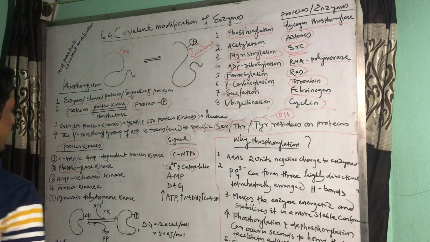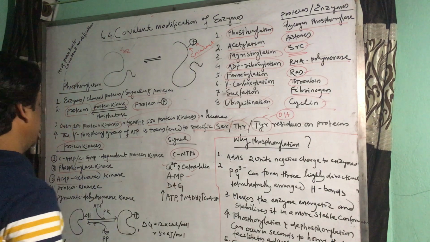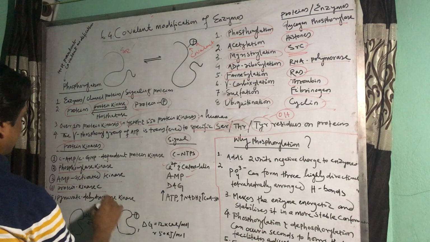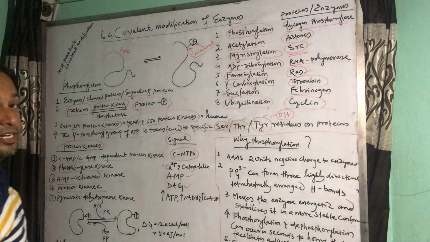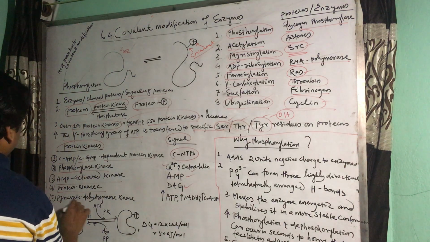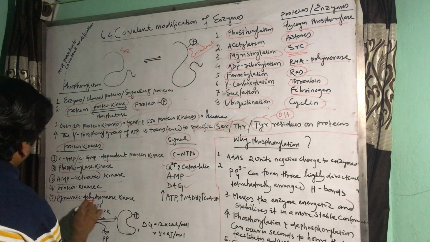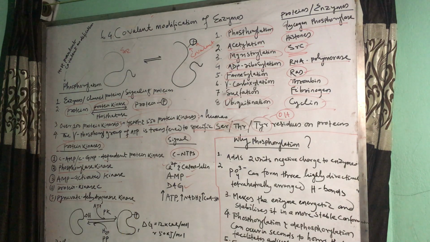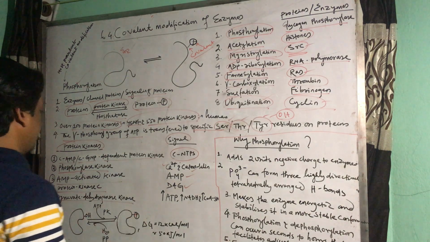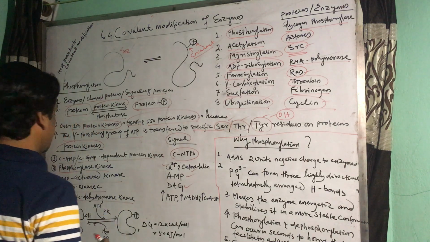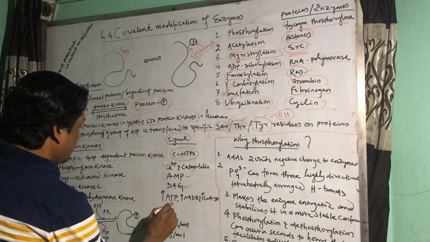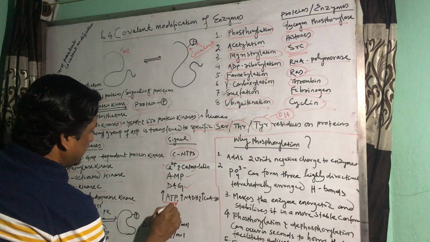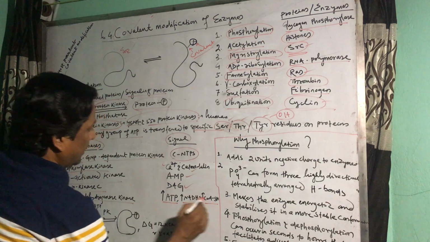AMP activated kinase is activated by adenosine monophosphate. Protein kinase C is activated by diacylglycerol. Pyruvate dehydrogenase kinase, an important enzyme involved in regulation of glucose metabolism, is activated by increase in ATP, NADH and acetyl coenzyme A.